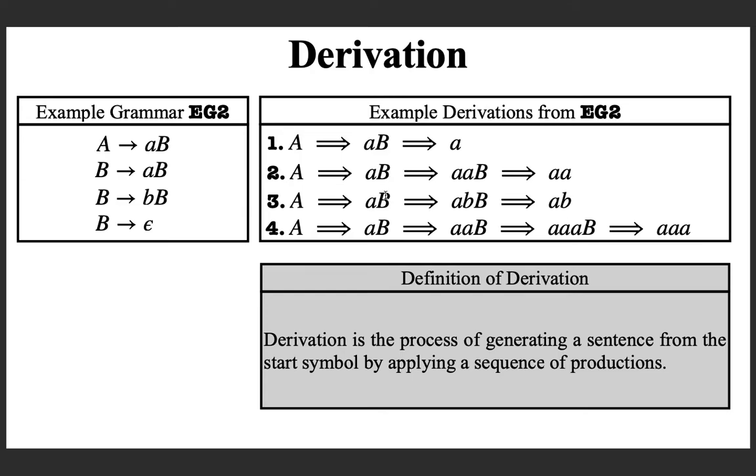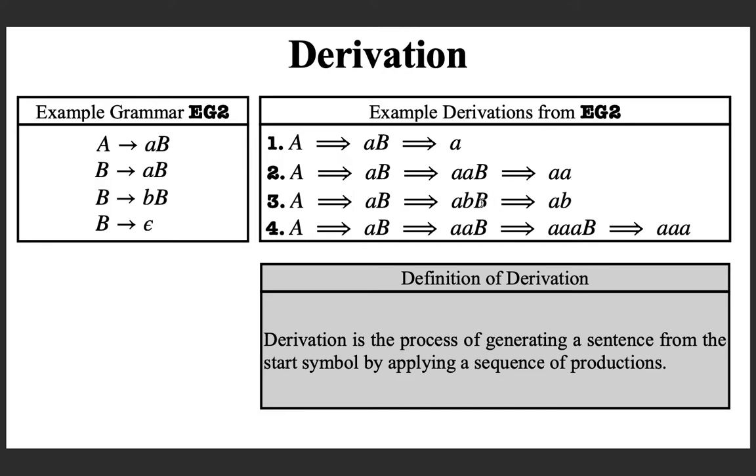Then I am applying the second production for B. B has got 3 productions. I am applying the second one. That means now you can replace a capital B with a small b, capital B. So here I am going to replace capital B with a small b, capital B. That's what I did.